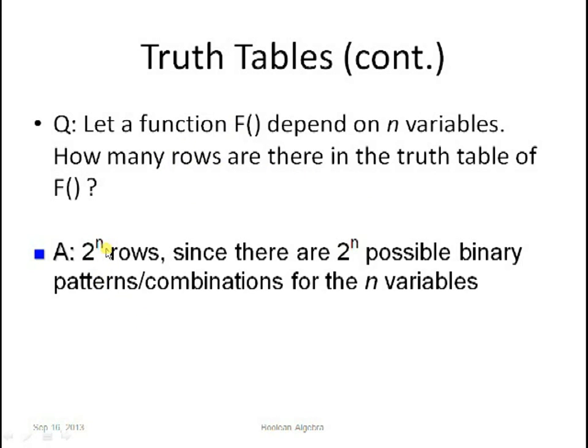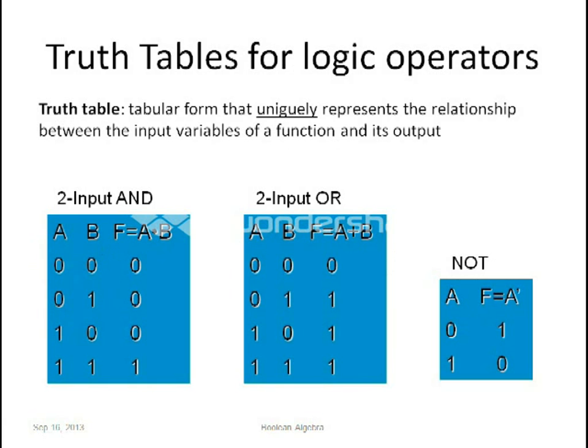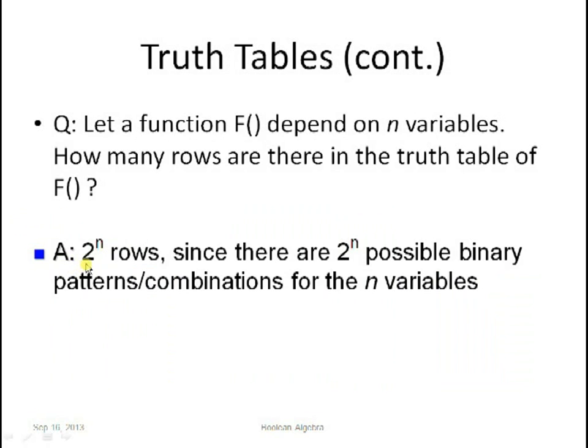If we take the previous example where you have only two variables within the function, the number of rows that we get inside a truth table is 2 power n, where n represents the number of input variables, therefore 2 power 2 is 4.